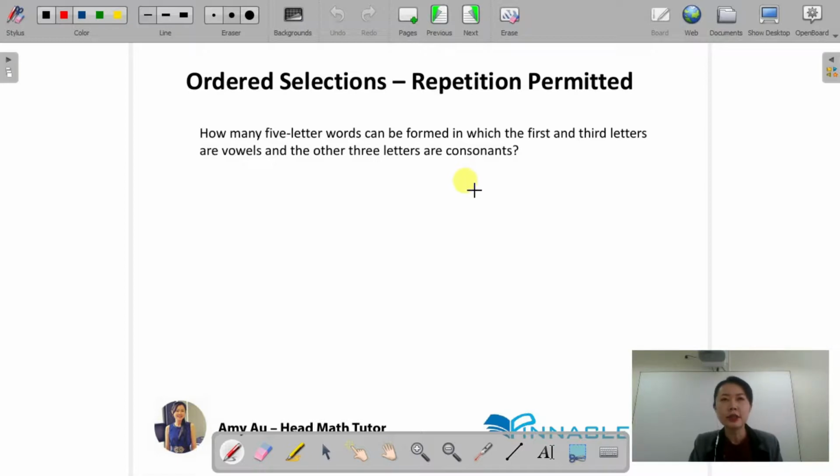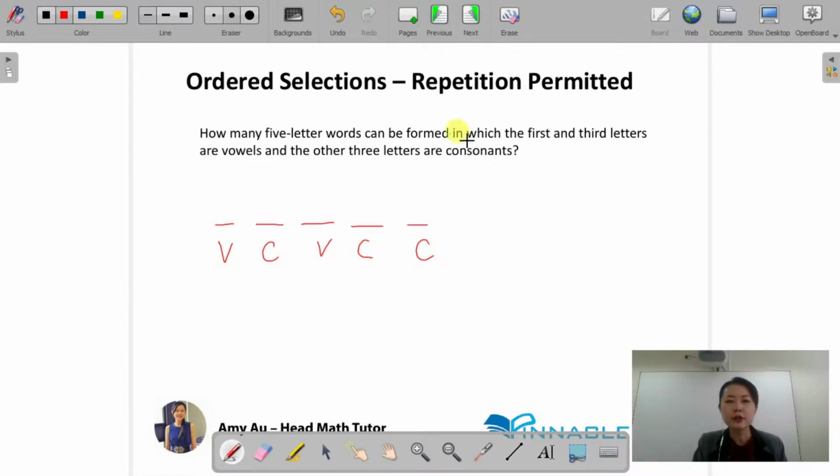The best way to count this is to draw little dashes to represent the different letter positions. We are trying to form a 5-letter word. The first and the third letters are vowels, and the rest are consonants.